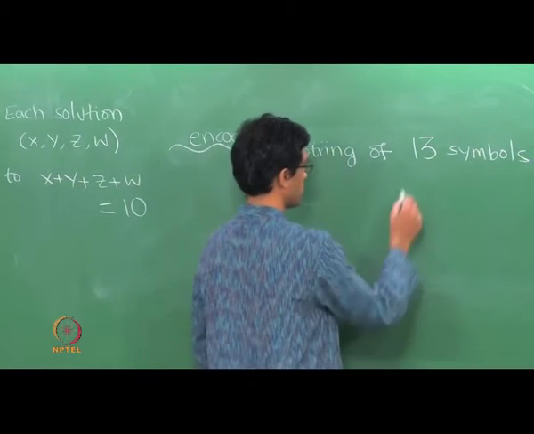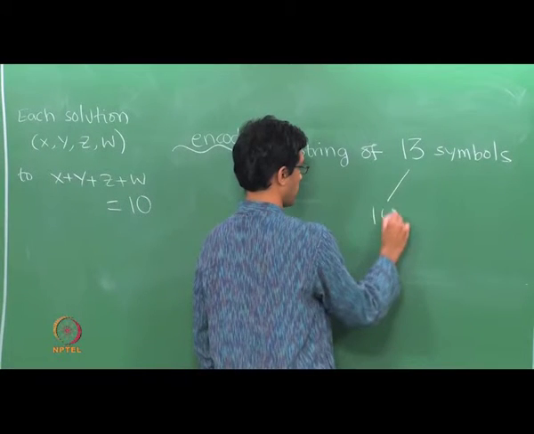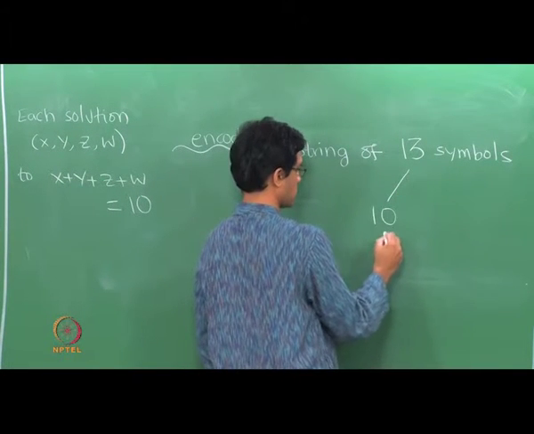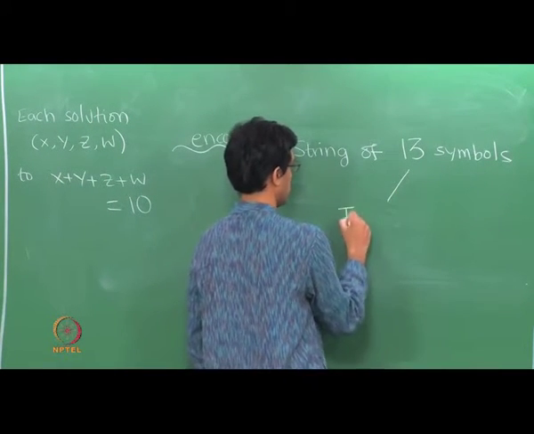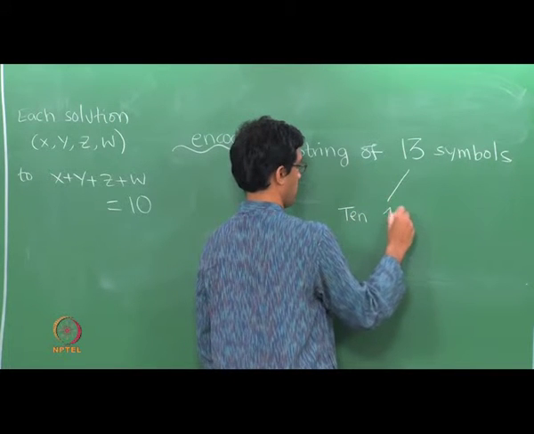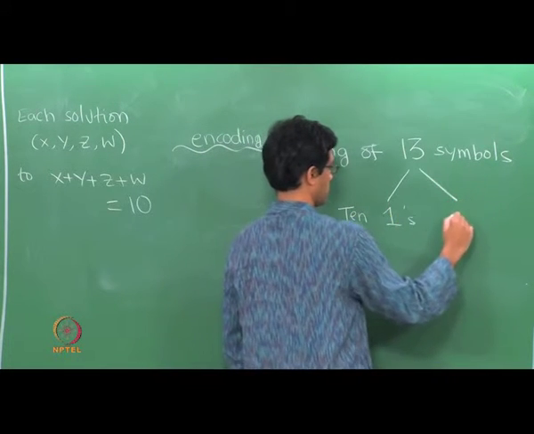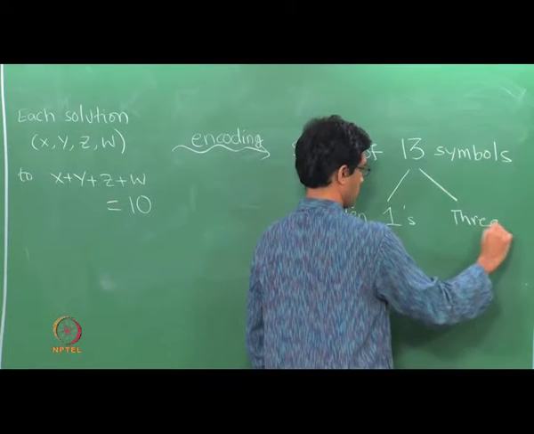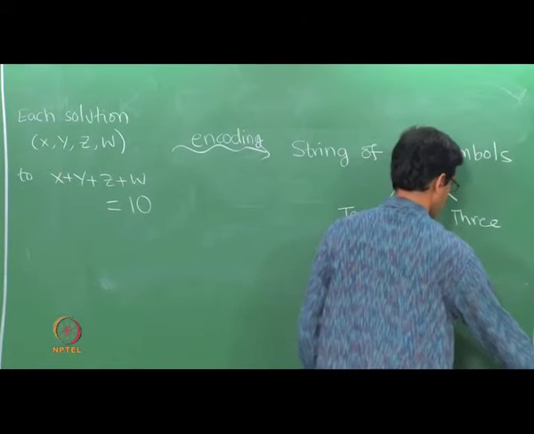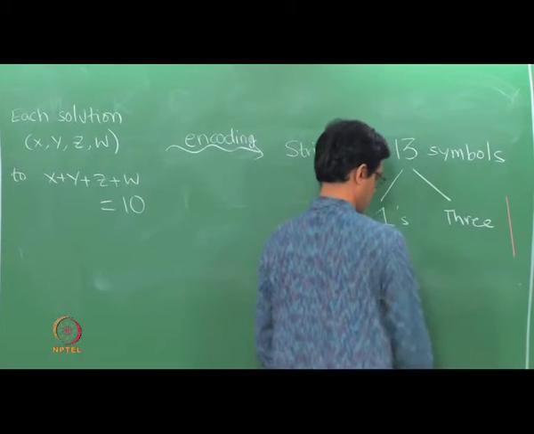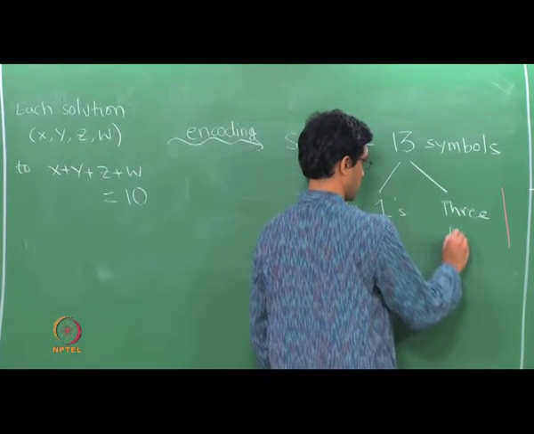So what are these 13 symbols? Well, 10 of these symbols are just ones, so let me write it as 10 ones, and there are 3 dividers. 3 of these lines. Okay, so there are 3 dividers.